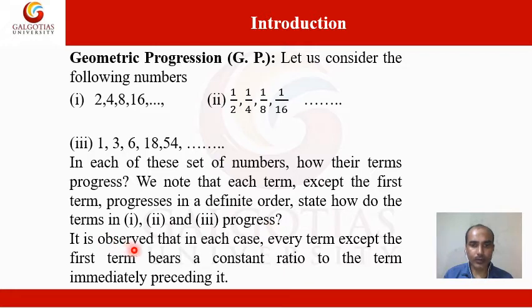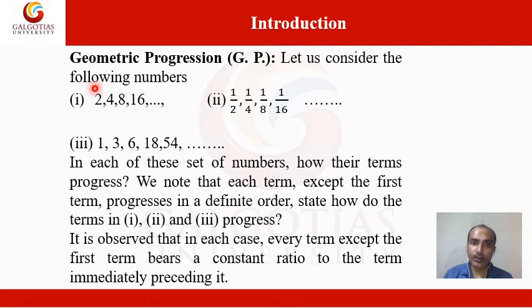It is observed that in each case every term except the first term bears a constant ratio to the term immediately preceding it. That is, the next term is 2 times its previous term. The third term is again 2 times its previous term and so on.